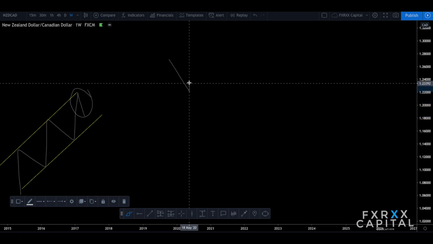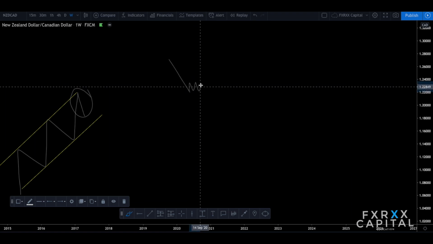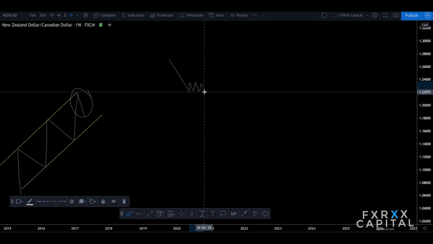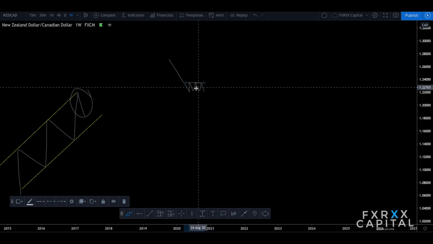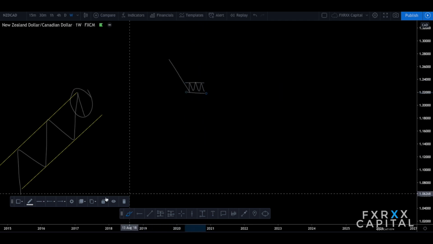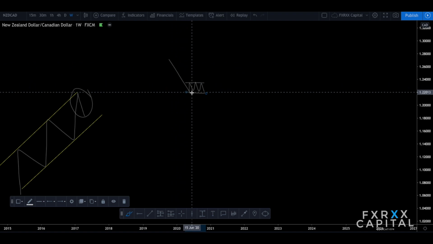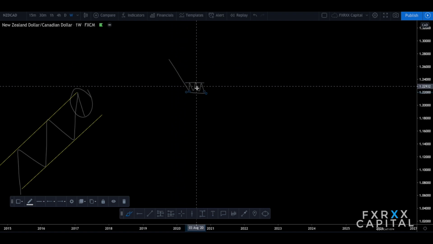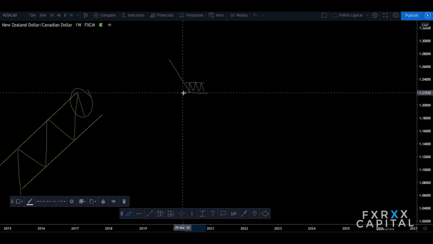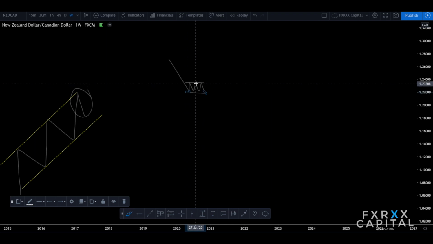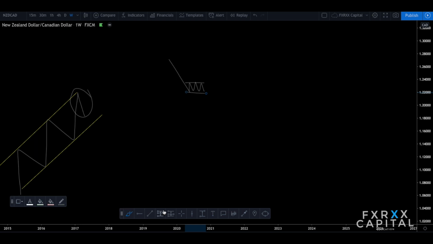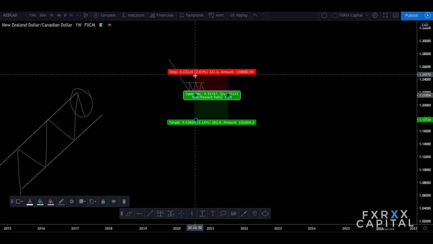There's a flag that I normally take as a high probability flag, which is what we call a tight flag. If the flag creates one tight flag, which is price movement in parallel structure, it's easier for us to enter within the structure.